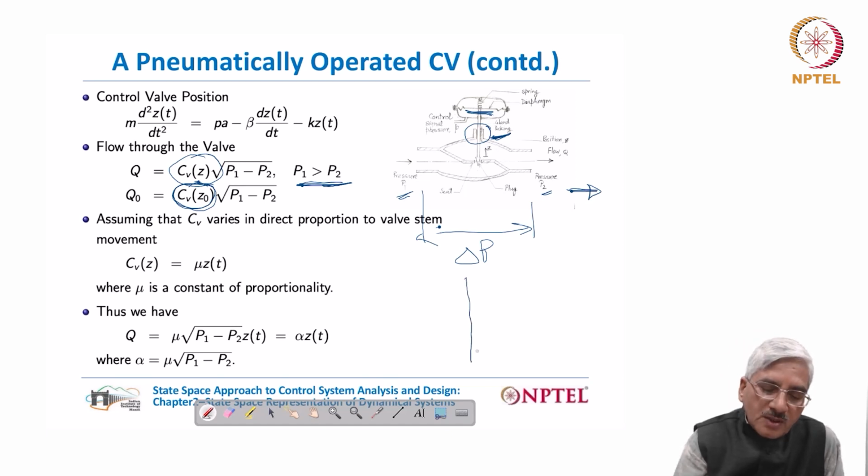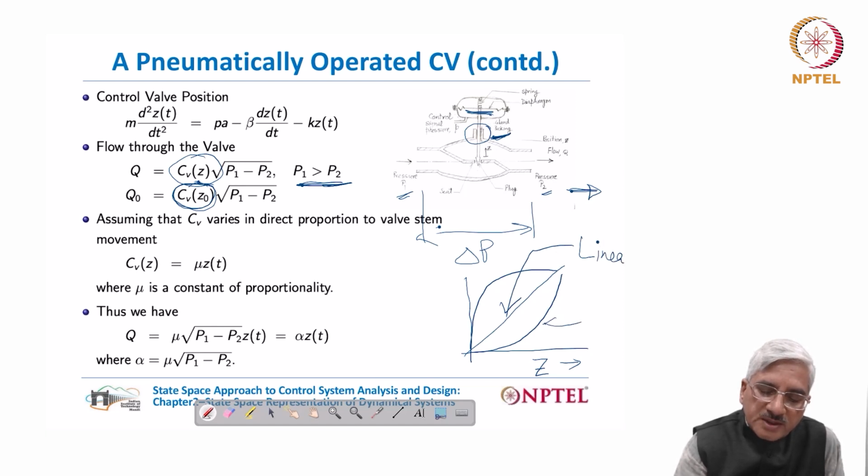So in these three valves, with the valve opening the position Z, this CVZ varies either like this or like this or like this. So this is the linear valve, this is equal percentage valve, and this is the quick opening valve.